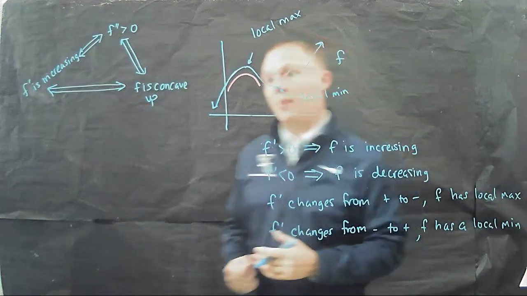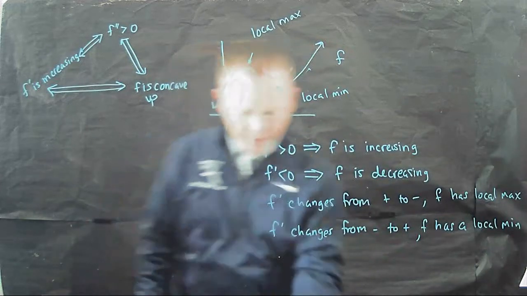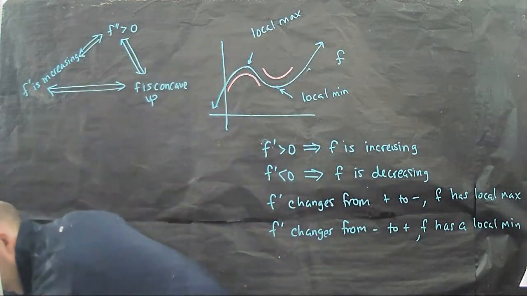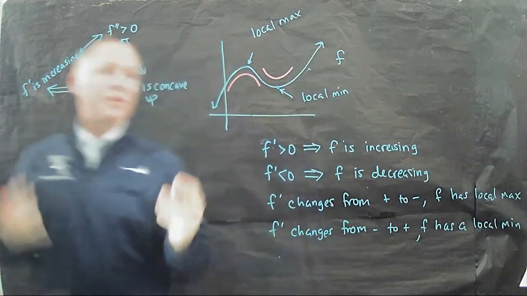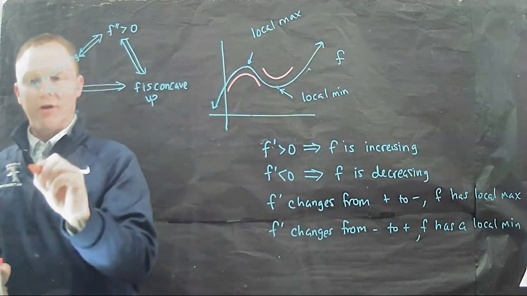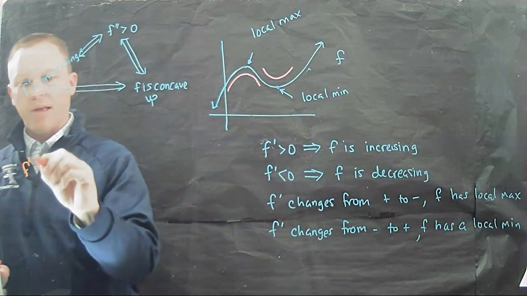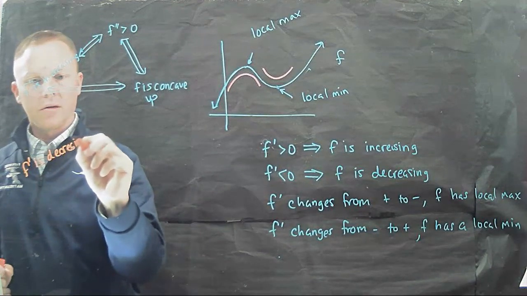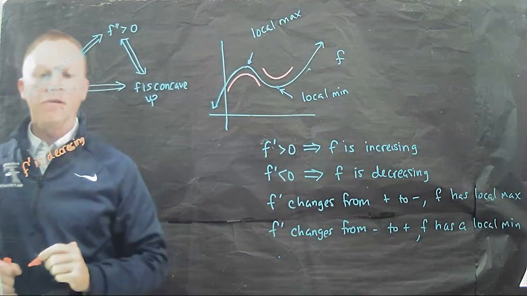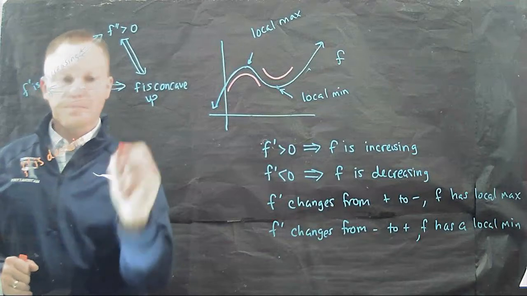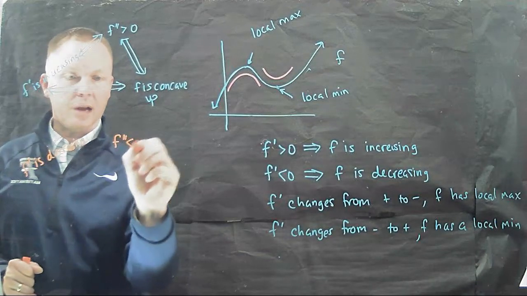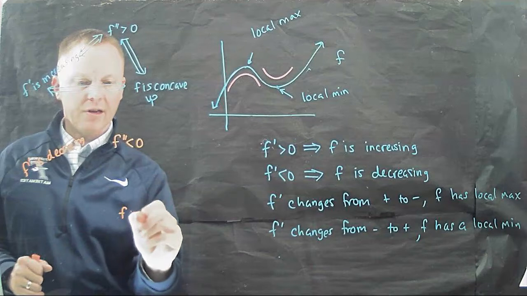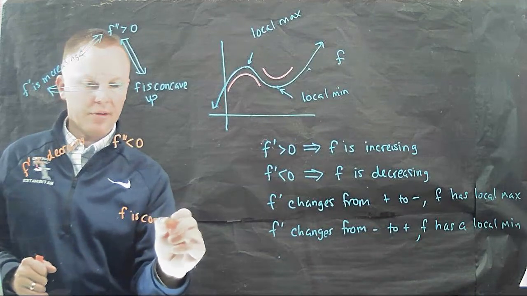And similarly, I might as well switch colors here. Similarly, the idea of concave down. If f prime is decreasing, that's like saying f double prime is negative, and that's like saying f is concave down.